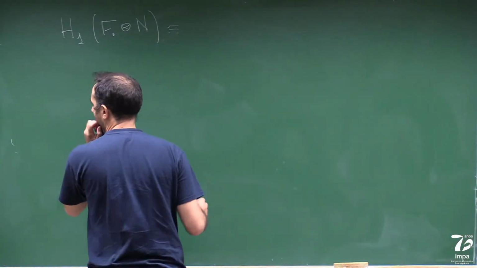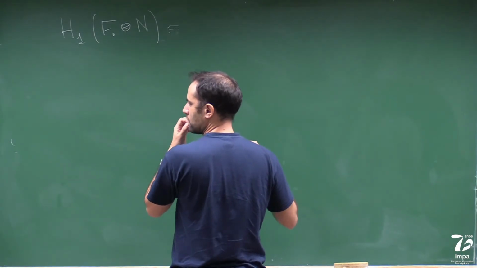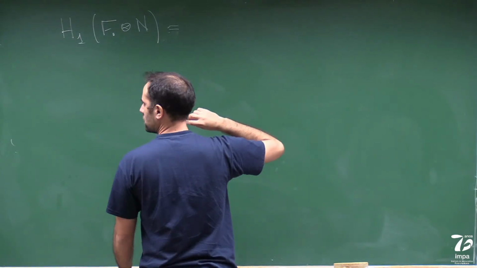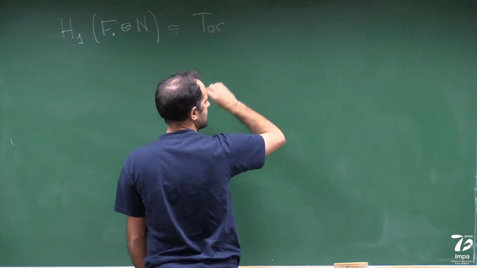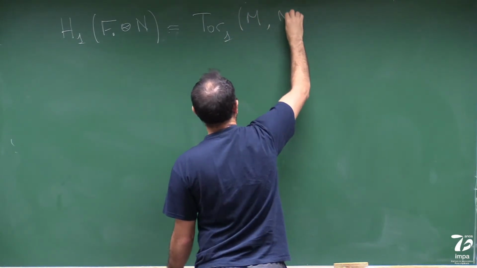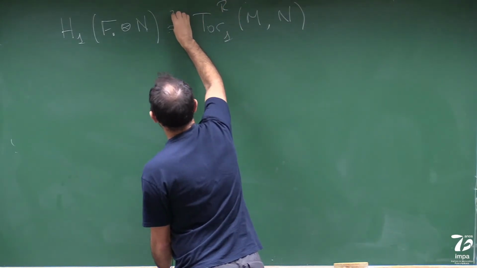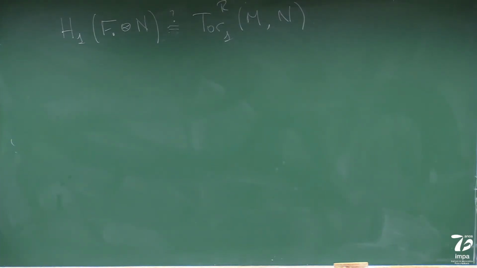So what I want to prove eventually is that this is Tor 1 of M, N over R. That's what I want to prove.